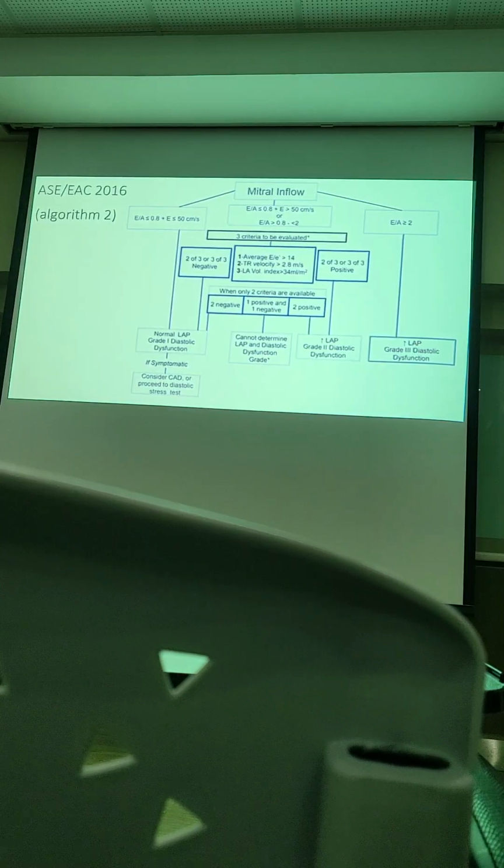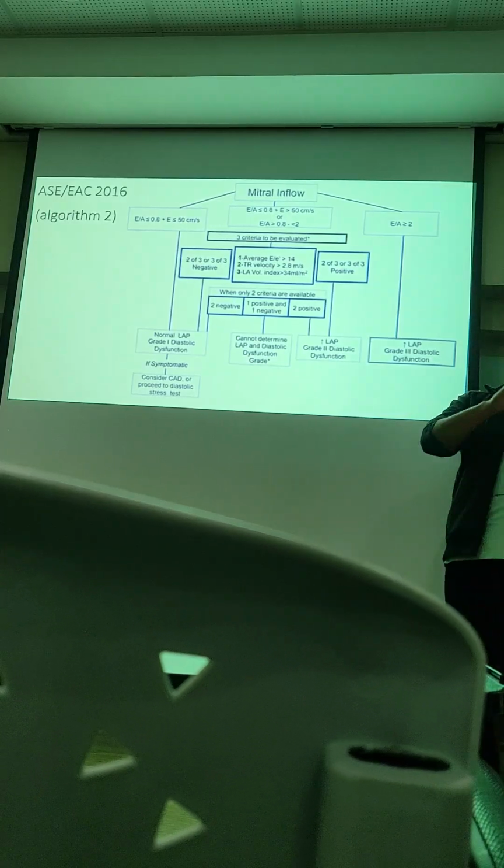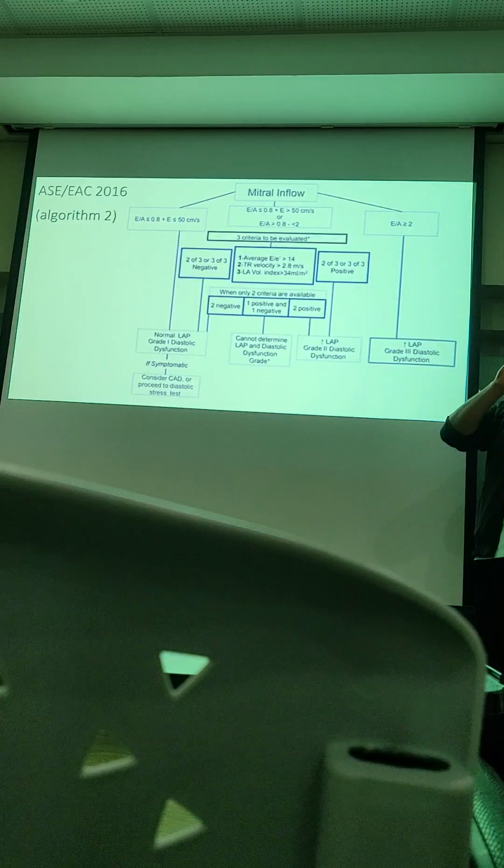Tapi kena ingat, usually in grade 1 diastolic dysfunction, the patient is asymptomatic. So when the patient is symptomatic, you need to ask yourself even more. You need to consider maybe coronary disease. So you can do a diastolic stress assessment. Whereas if the E over A ratio is more than 2, then you don't need to go through all the algorithms because you know that this patient has grade 3 diastolic dysfunction.